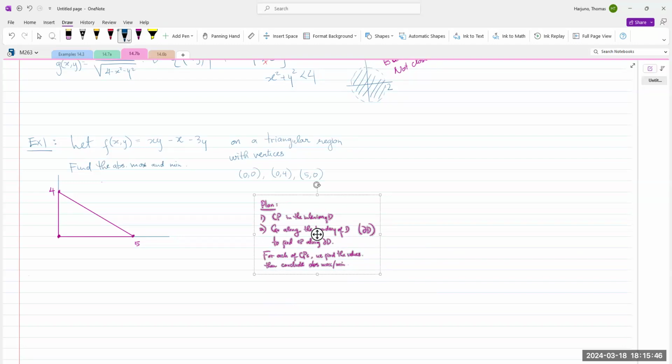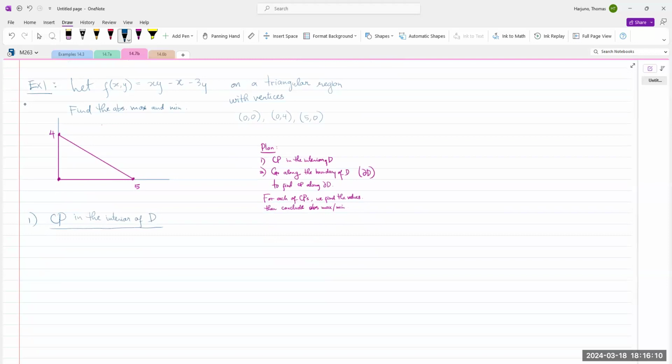Okay, now let's see our step one, critical points in the interior of the domain D, or in the triangle. We take f, do the partial with respect to x, we get y minus 1, partial with respect to y, we get x minus 3.